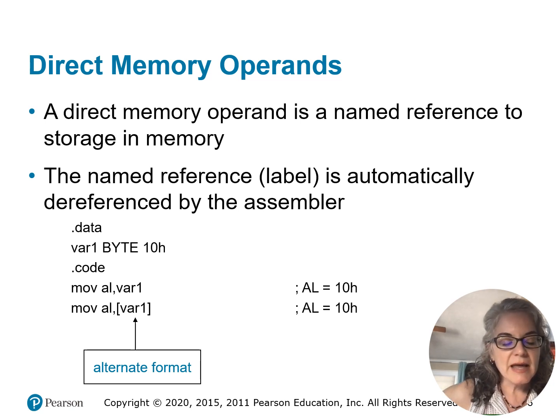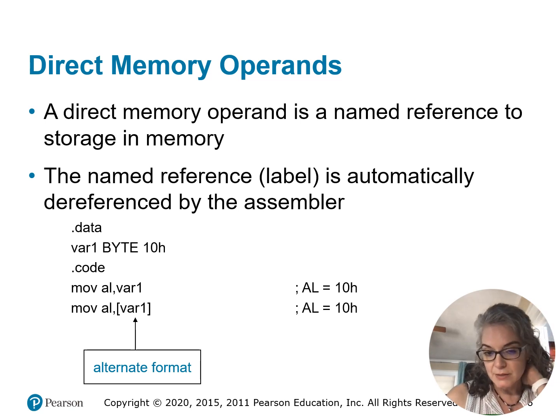The brackets are not required. We do like to use them a lot when we deal with arrays, and we'll look at that in a second. So in this example, var1 is defined as 8 bits, 1 byte, and the 10 hexadecimal is stored in var1.